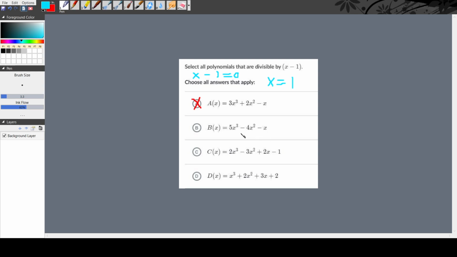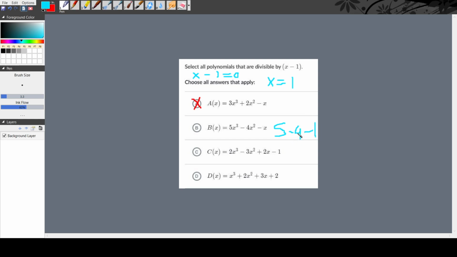If I substitute 1 for every x here, I get 5 times 1 times 1 times 1, which is 5, minus 4 times 1 times 1. 1 squared is 1, minus 4 times 1 is minus 4, so 5 minus 4, and then we get minus x again, and we know minus x is equal to minus 1.